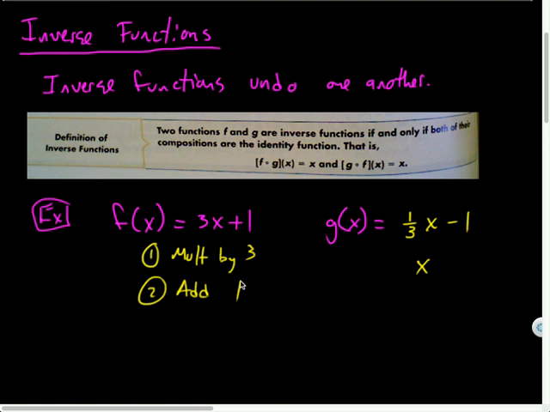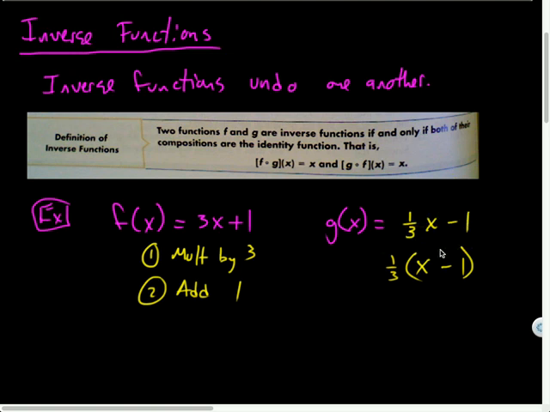So what's the inverse of adding 1? Subtracting 1. And then after I've done that, I have to do the inverse of multiplying by 3, which is dividing by 3. So I could represent that like this or like this. It's just a subtle difference, and your instinct is really good, because that's exactly what I would have said as my first guess as well.